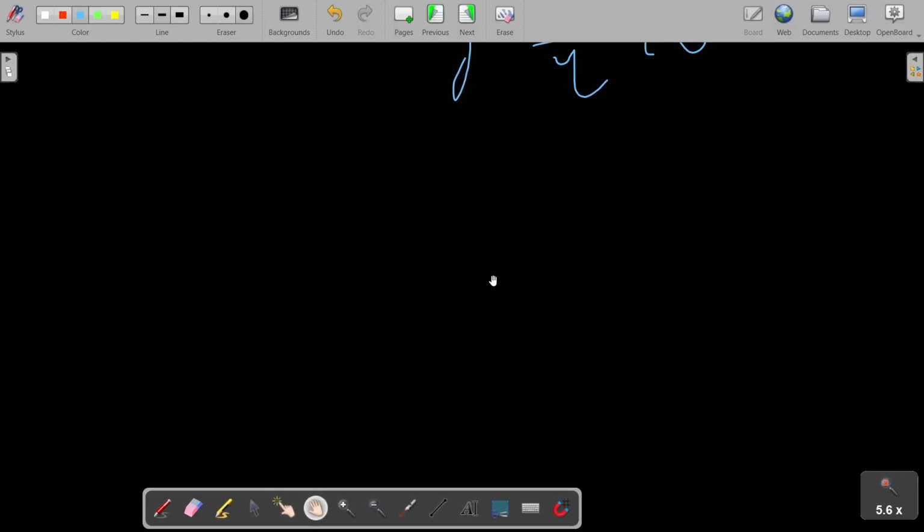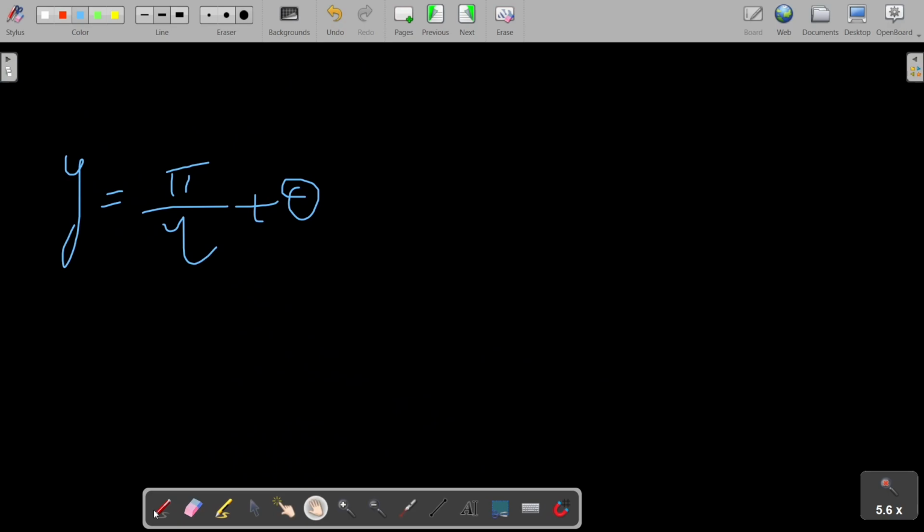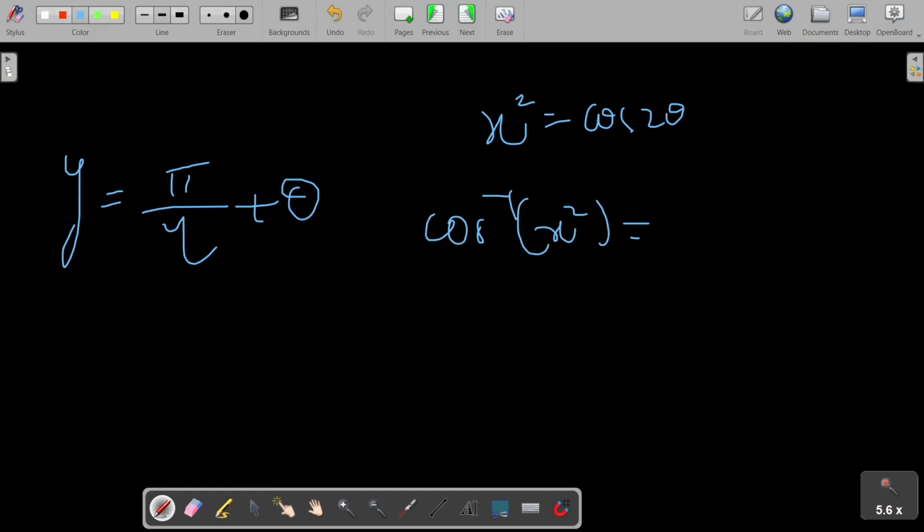Okay, theta. As we know, we substituted x square as cos 2 theta. If I take cos inverse on both sides, this becomes cos inverse of x square, and this becomes 2 theta. You know that cos inverse of cos x is simply x.